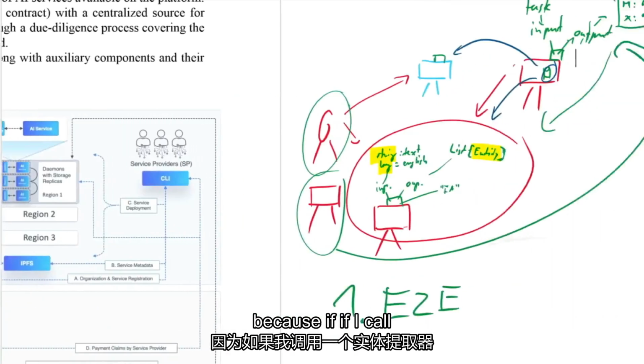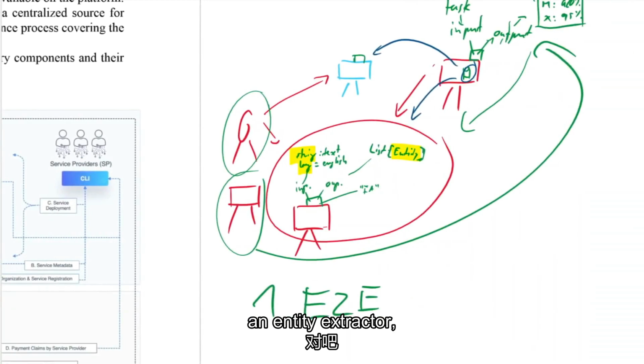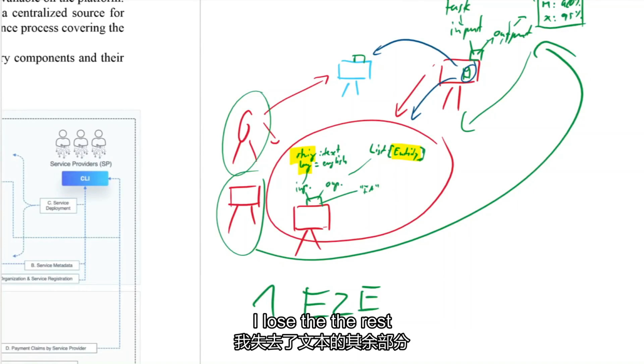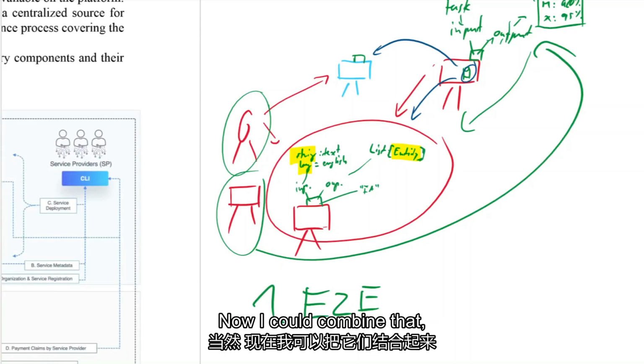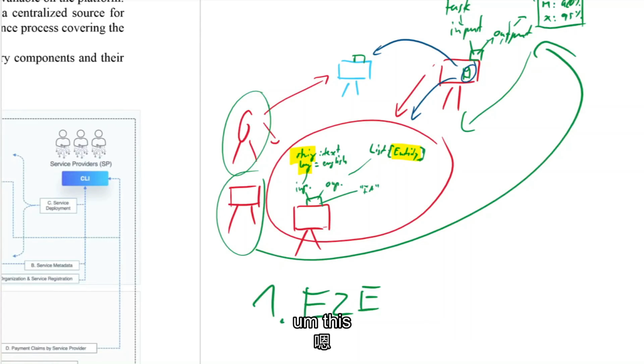Because if I call an entity extractor and I simply only rely on that information, I lose the rest of the text and the nuances in the text. I simply get the output of that model. Now, I could combine that, of course, but this idea of modularizing AI, right now, research is pointing in a different direction.